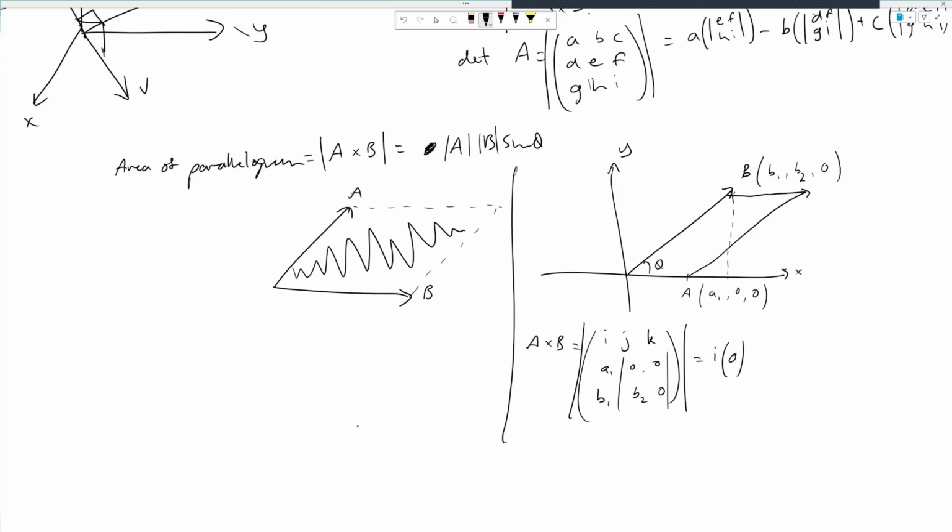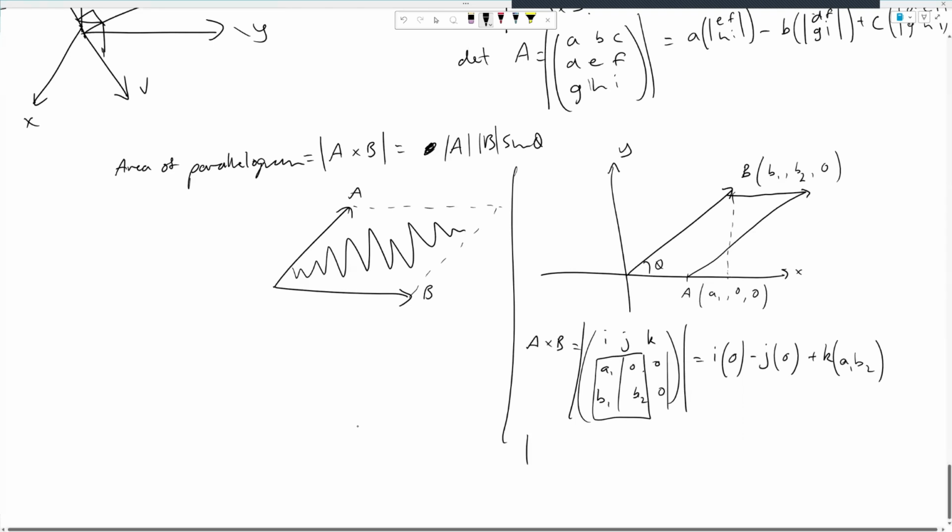Then minus j, and we look at a1 times 0 minus b1 times 0, which is 0. Then plus k, and looking at these four, we get a1 times b2, which is a1 b2, minus b1 times 0, which is 0.